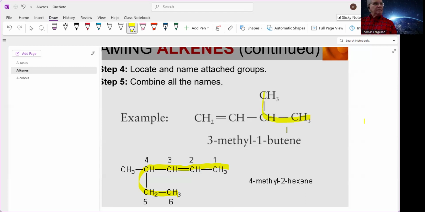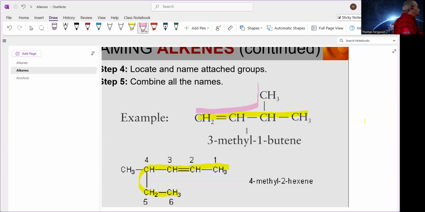That would not work because it doesn't include the double bond. So we can either do this or this. Both of them are valid backbones. Either one has a branch. Let's choose the yellow one.